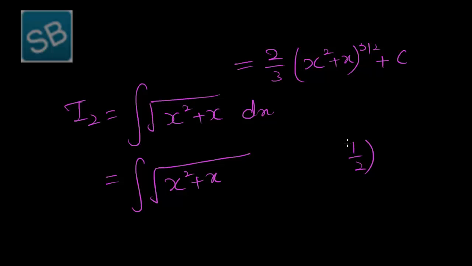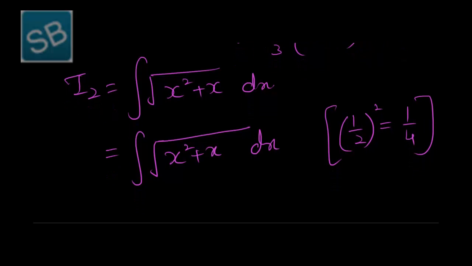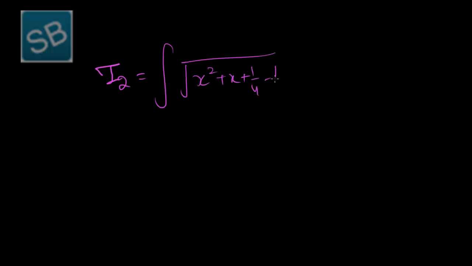Half the coefficient of x is half of 1, and half square is 1 by 4. So we will add and subtract 1 by 4. That is, I2 is equal to the integral of under root x square plus x plus 1 by 4 minus 1 by 4 dx.